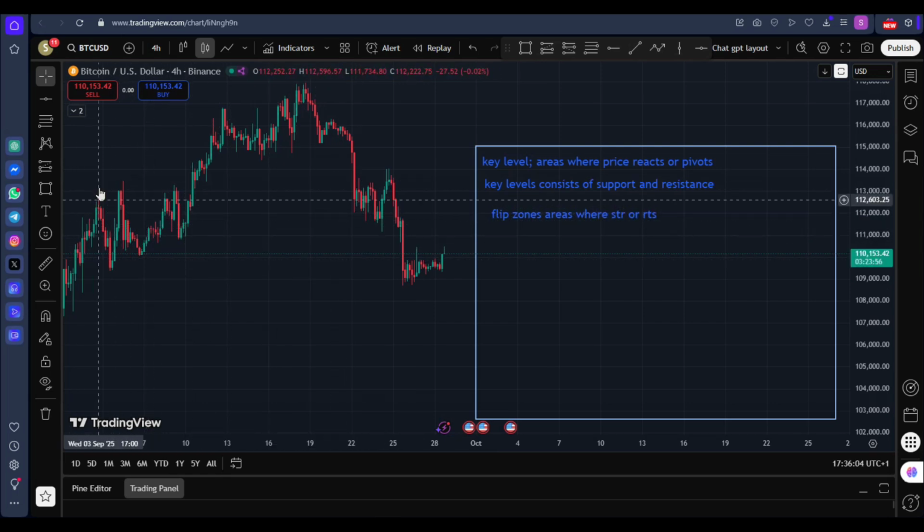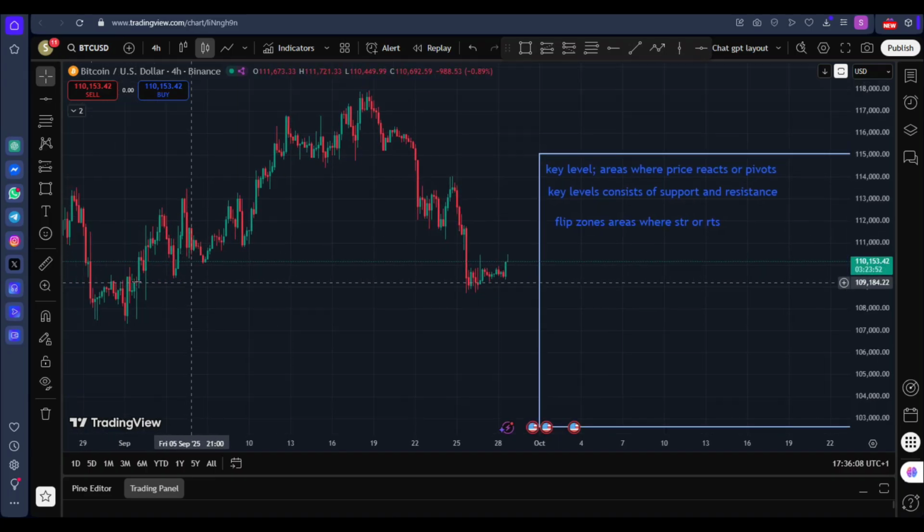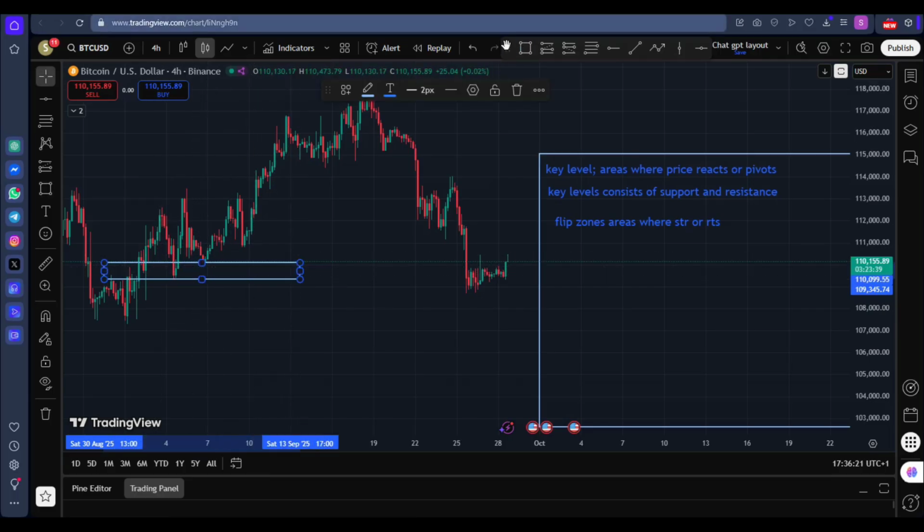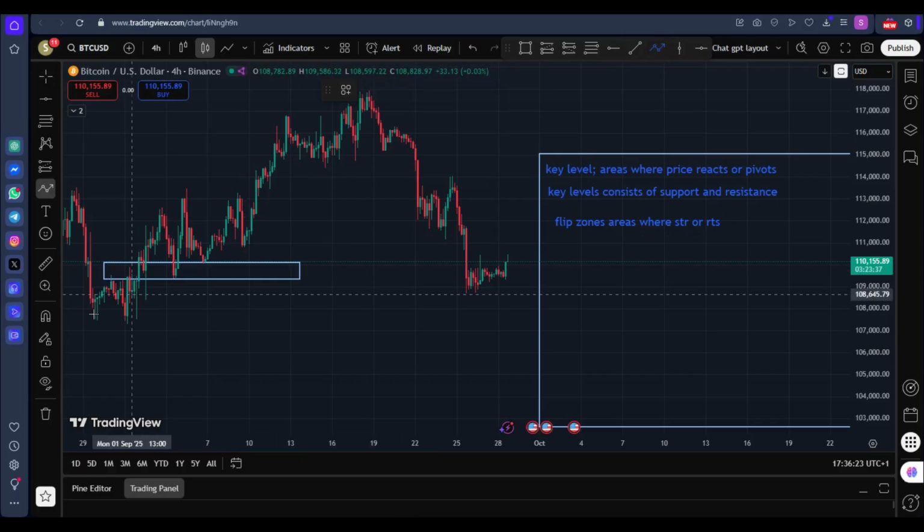You can see an example of that somewhere around here. Look here, you see that there's resistance around here, and then all of a sudden it broke through, bounced on it, and continued moving.